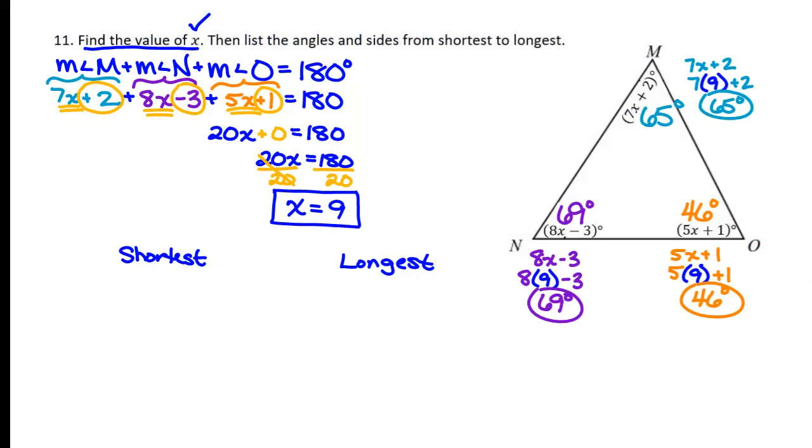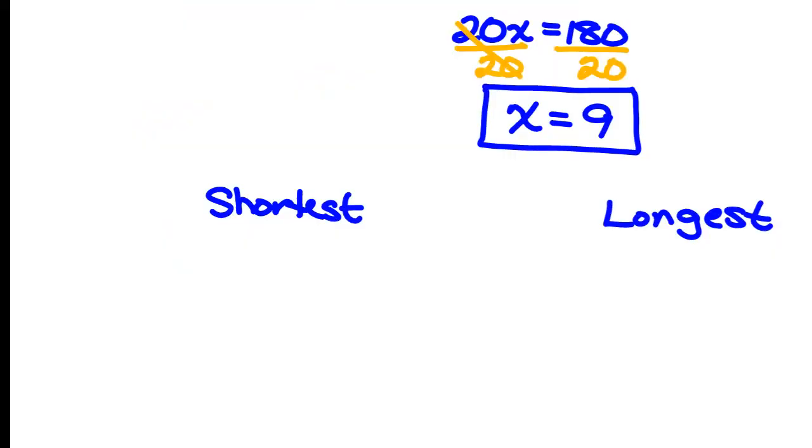What is the smallest angle? 46 degrees, which is angle O. So angle O goes as my shortest.